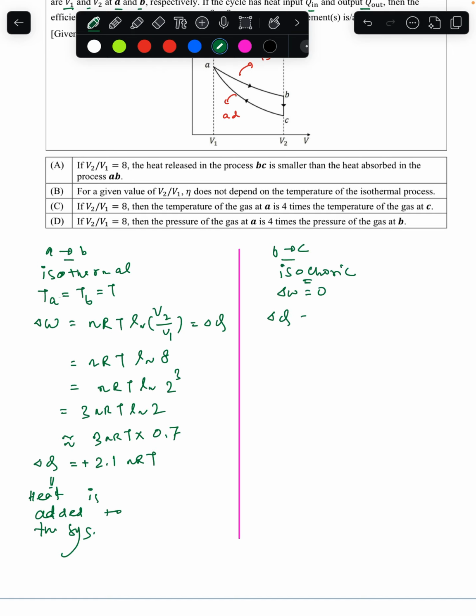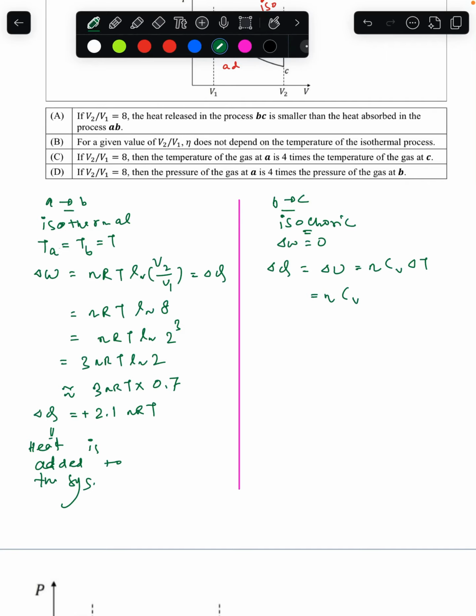So delta Q is equal to delta U, the change in internal energy, which is defined as n CV delta T. Here delta T is TC minus TB, and CV is 3R by 2, so n CV times TC minus TB.